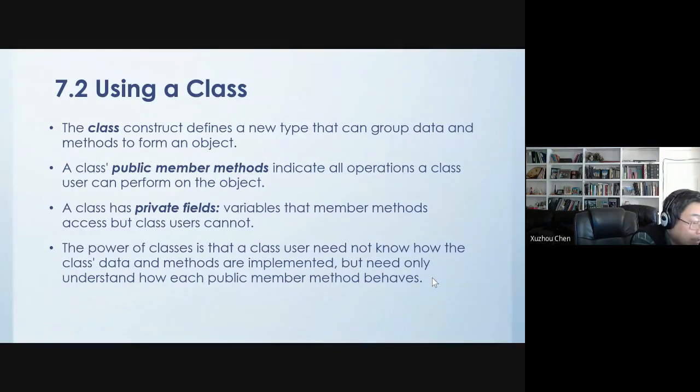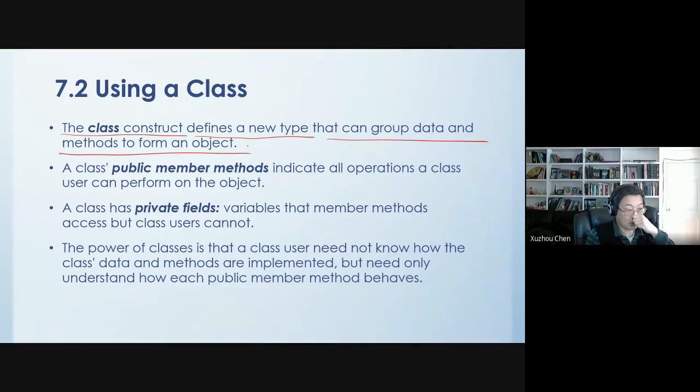So basically, the class constructor defines a new type that can group data and methods to form an object. Now you can think about this: you can view the class as a user-defined data type, just like a string.